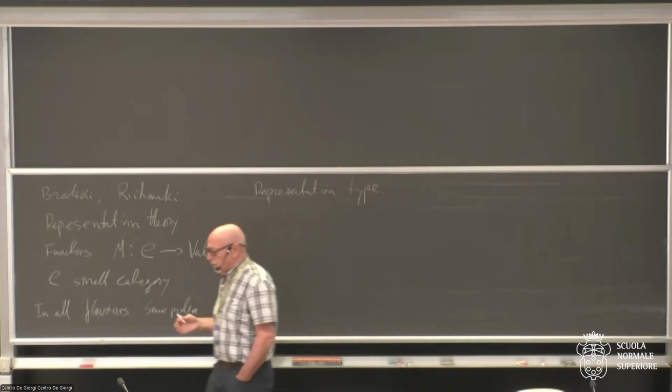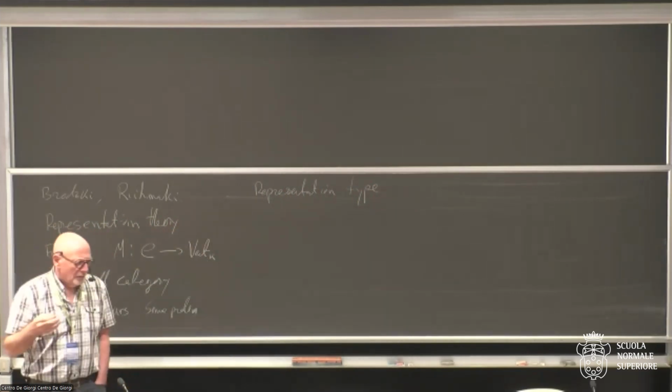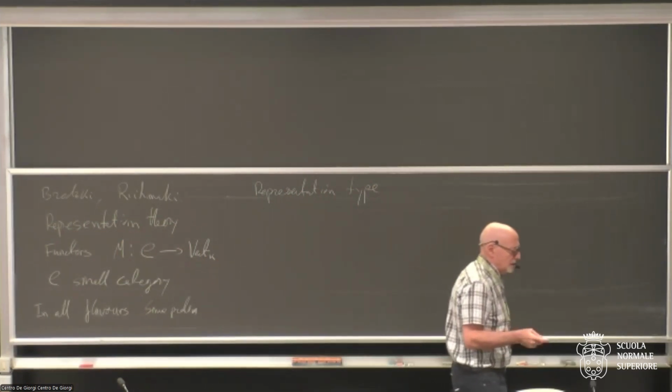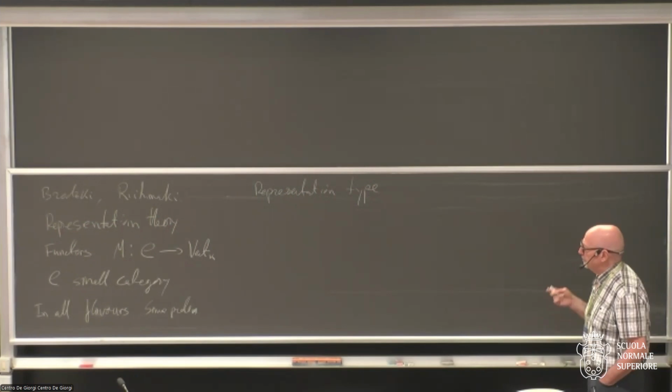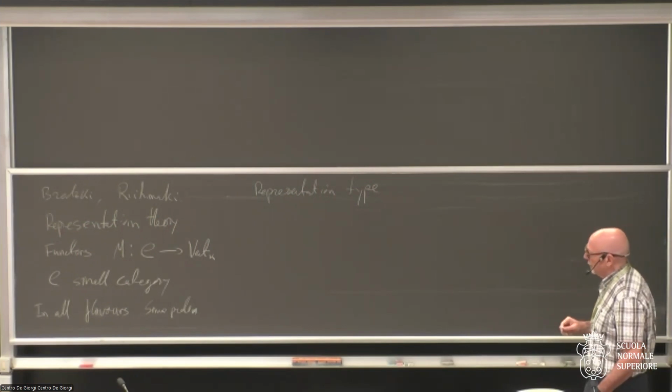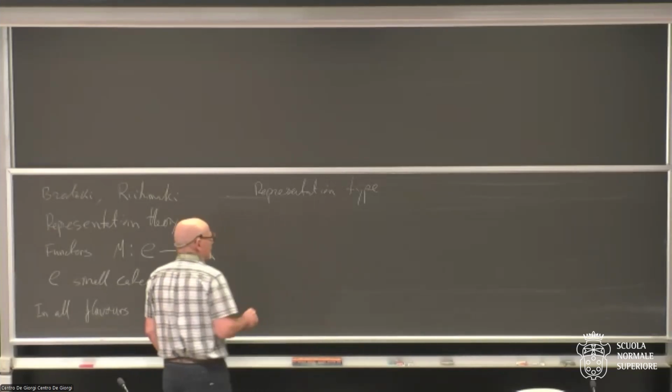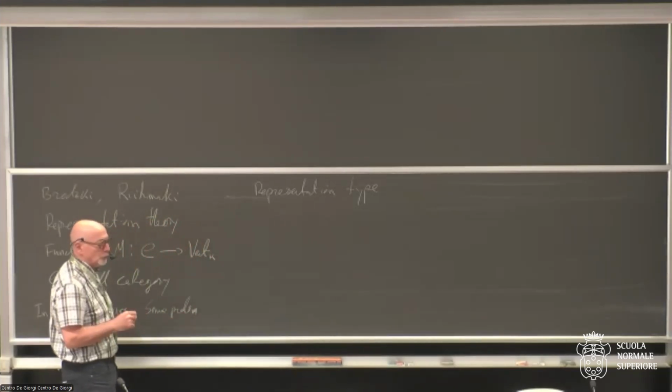So what is that? Well, one of the major tasks in any representation theory is to try to classify the indecomposable modules. Basically, there are theorems which tell you what could possibly happen.